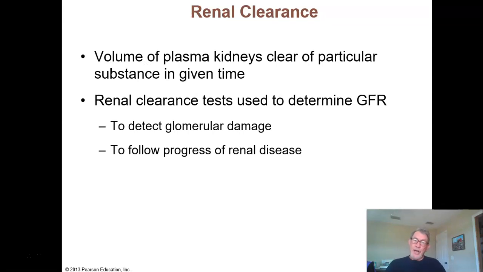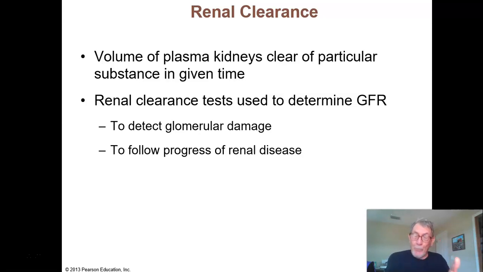And you can do that by looking at the renal clearance of something that you completely clear. Creatinine is something your body tries to clear completely. So whatever plasma gets filtered from the glomeruli gets completely cleared of creatinine.